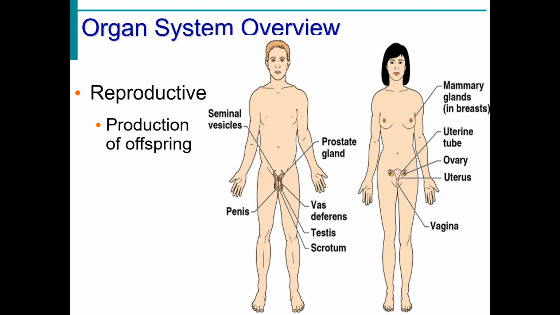Should there be any difficulty in a pair, there are alternative means for conception, like in vitro fertilization and so forth. But in the most natural sense, sexual reproduction happens between the male and the female, and these organs are important for that task to be accomplished.